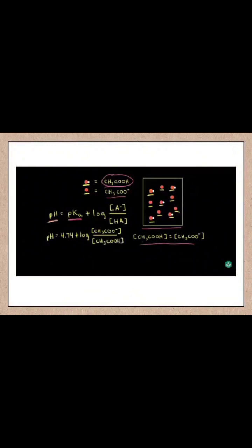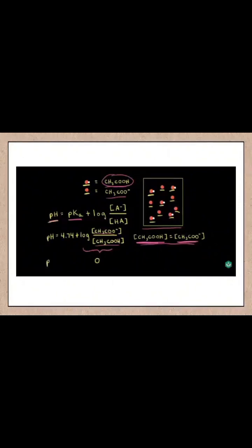We've already figured out that the concentration of acetic acid is equal to the concentration of the acetate anion. Therefore, the concentration of the acetate anion divided by the concentration of acetic acid is just equal to 1, and the log of 1 is equal to 0. So let's go ahead and write that in here. The log of 1 is equal to 0.